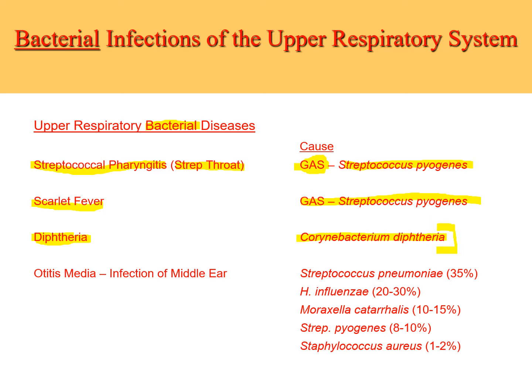And another fairly common infection is the infection of the middle ear, which, as you know, is connected to the pharynx by the auditory canal or eustachian tube.